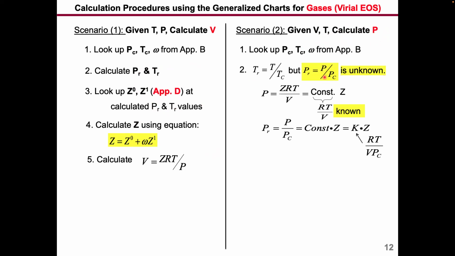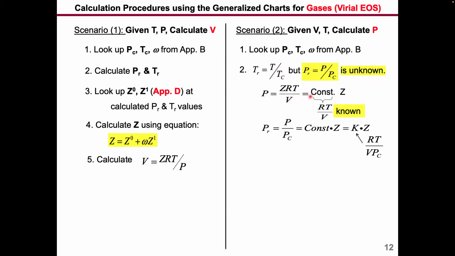First step is the same. And then now the second step. TR is still the same, equal to T divided by TC. But here, the difference is that we don't know PR. This is actually what we want to calculate. You want to calculate this P. We don't have this, but we know P is equal to ZRT divided by V, right?